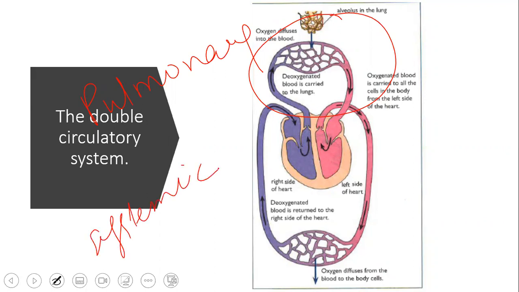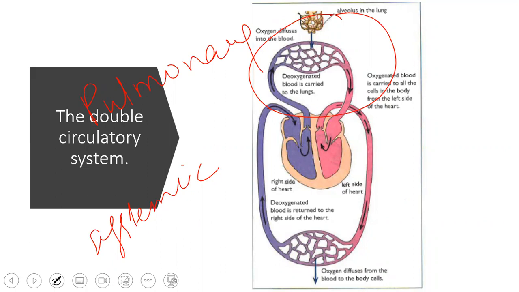The advantages of double circulation are generally seen in larger organisms. For example, a fish is such a small organism that it doesn't need a double circulatory system, but we humans, and mammals generally, need one.